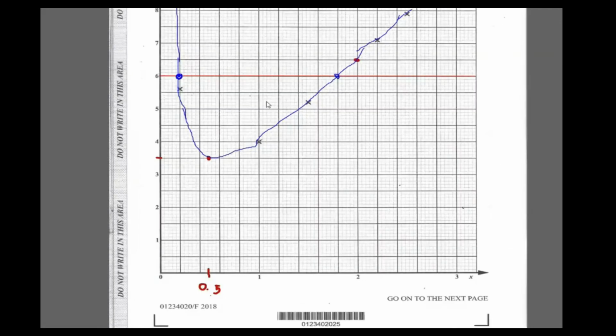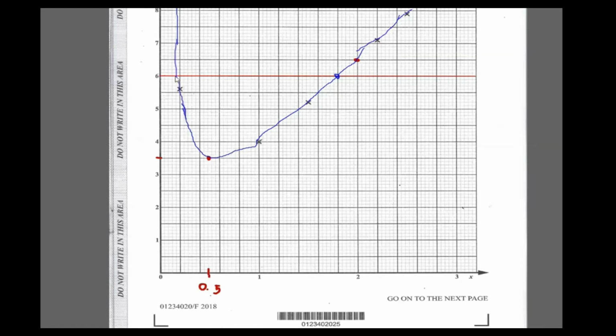Let me make a more accurate sketch then. Let me try to draw the sketch better so we get a more accurate answer. We want it perfect, which it won't be. We want it to pass through this.